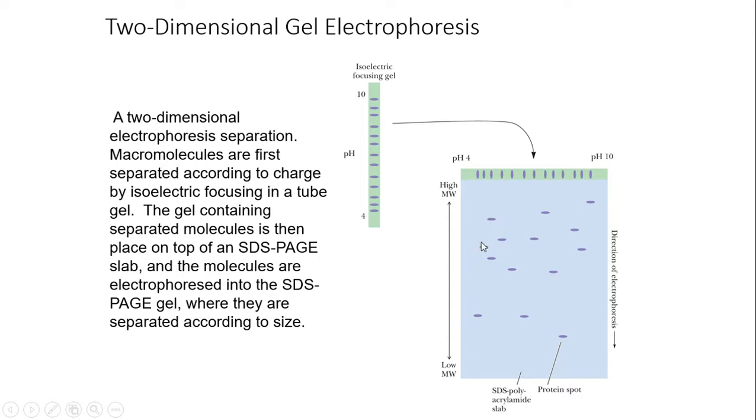So these little dots here, and obviously this is not a true gel, I'm going to show you one momentarily, but low molecular weight proteins are going to travel faster through this gel, and higher molecular weight proteins are going to move slower through that gel. So that's how we separate them on size going down and on charge going left to right here.